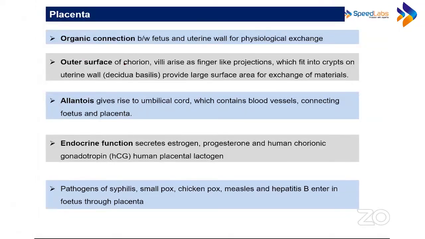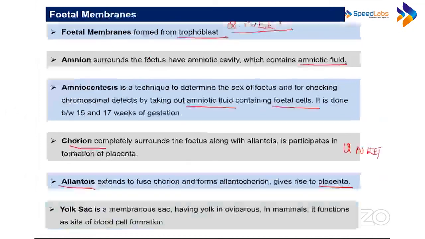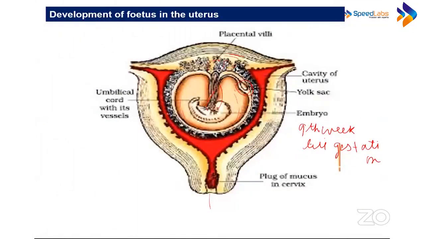Now look at this outer surface of the chorion. Finger-like projections arise. I told you this, didn't I? Look at this. The outermost is the chorion, after that is the amnion. You have to remember.